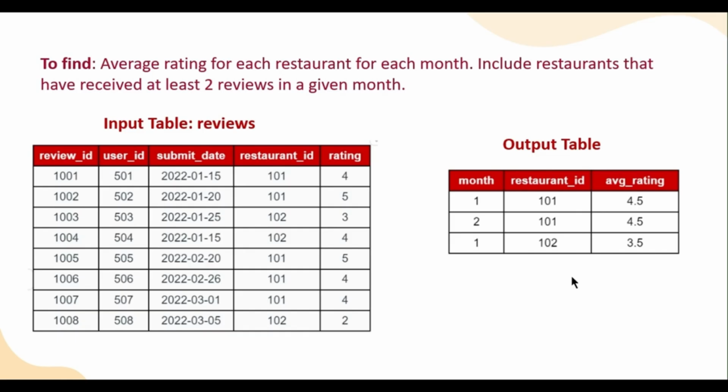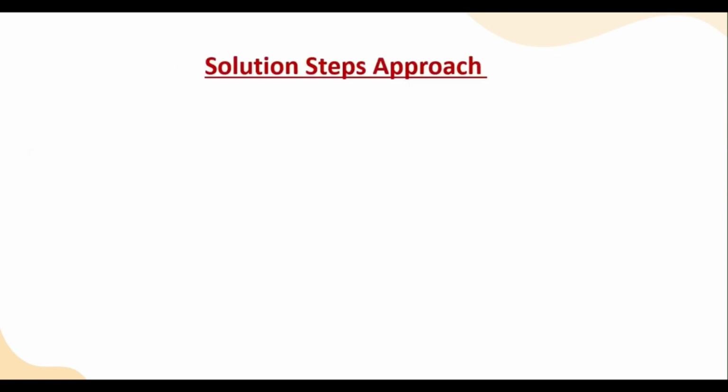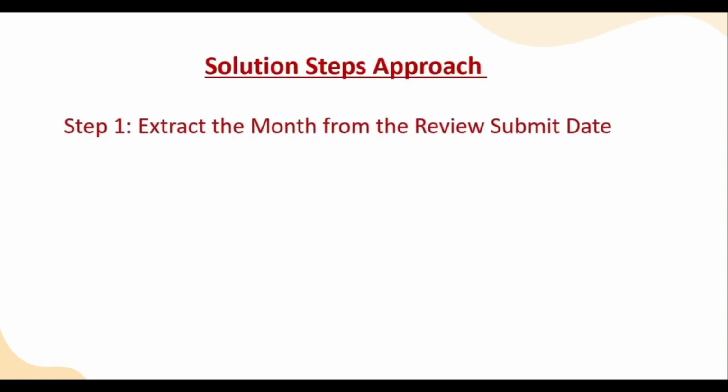You can just think through the solution, the approach, and what SQL functions you are going to use to write the query to get this output table from this particular input table. So let's now move on to the steps. Our first step would be to extract the month from the review submit date.